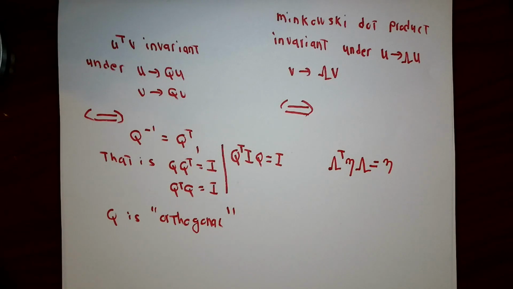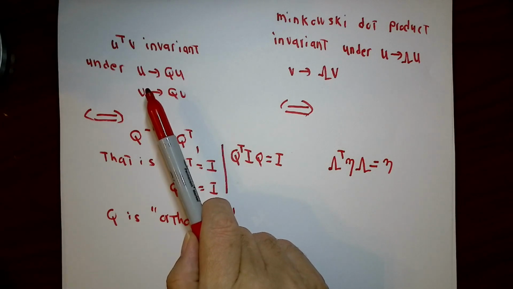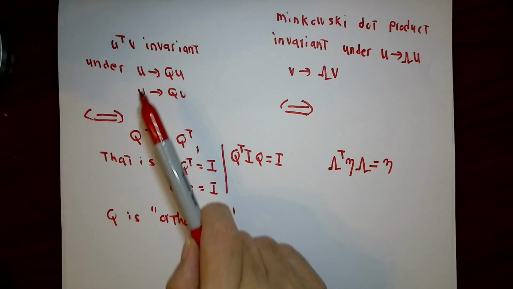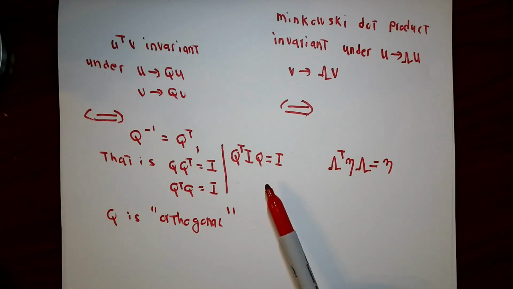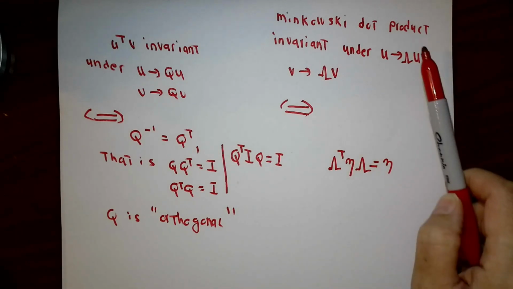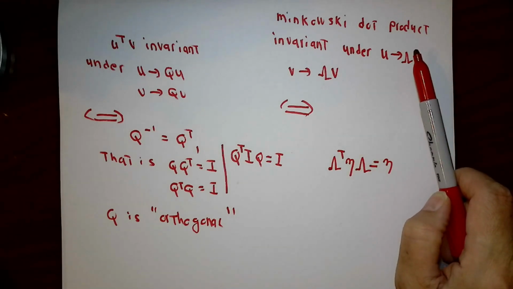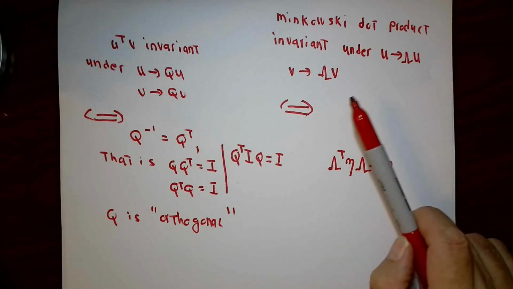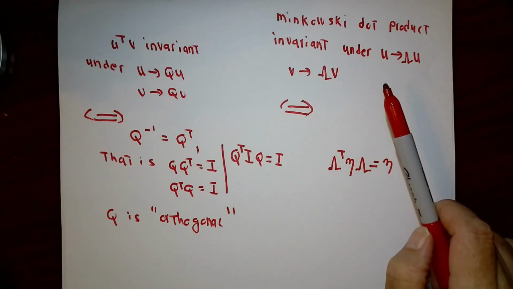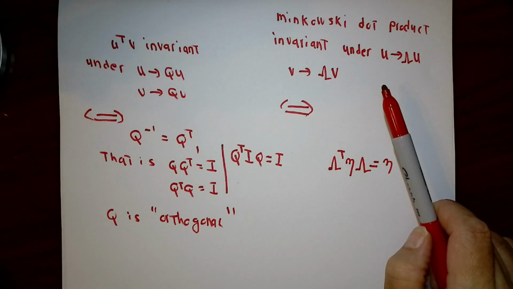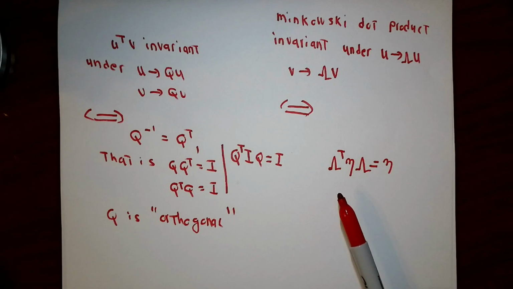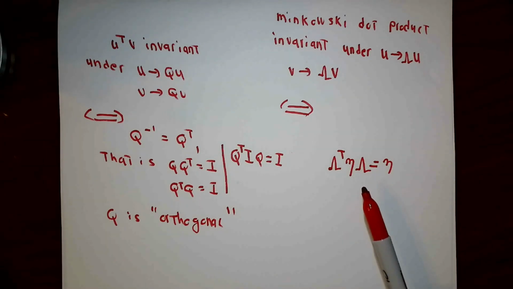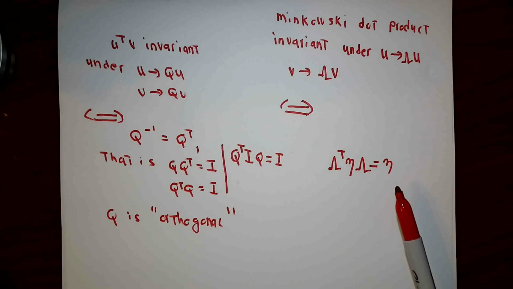Written in a rather strange looking way, in this situation, the dot product is invariant when Q transpose times the identity matrix times Q is the identity matrix. For the Minkowski dot product, if I do a linear transformation, the dot product is invariant with respect to that transformation if and only if lambda transpose eta lambda is eta.